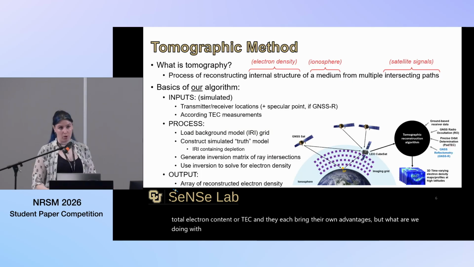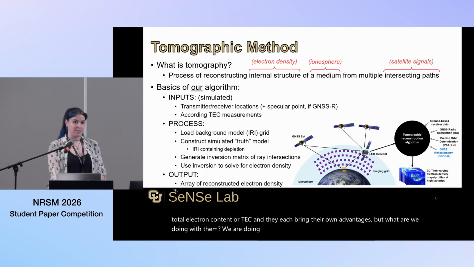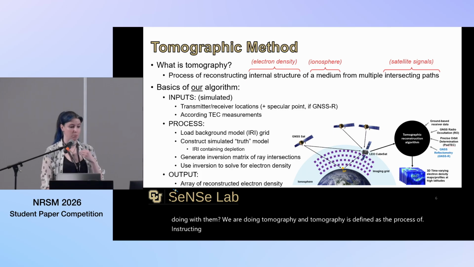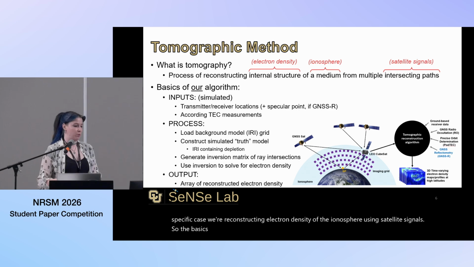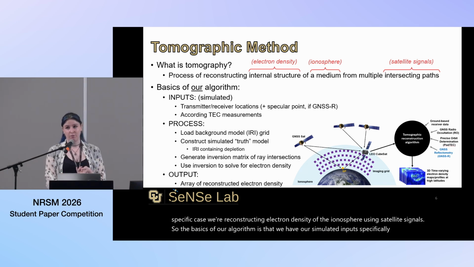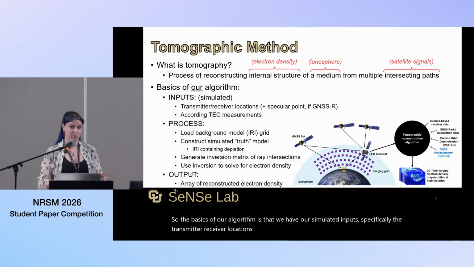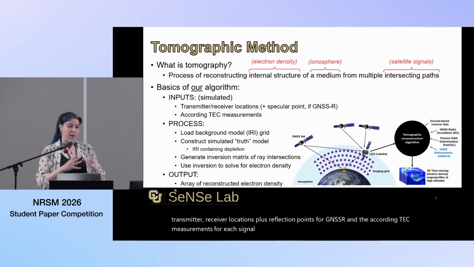We are doing tomography. Tomography is defined as the process of reconstructing the internal structure of a medium using multiple intersecting paths, but in our specific case, we're reconstructing electron density of the ionosphere using satellite signals. So the basics of our algorithm is that we have our simulated inputs, specifically the transmitter-receiver locations plus reflection points for GNSS-R, and the corresponding TEC measurements for each signal. We then first load a background model.